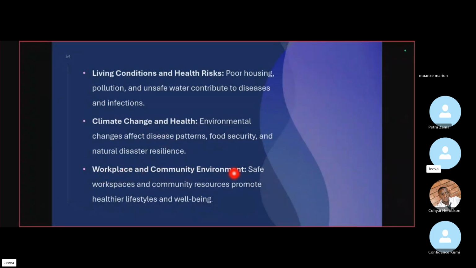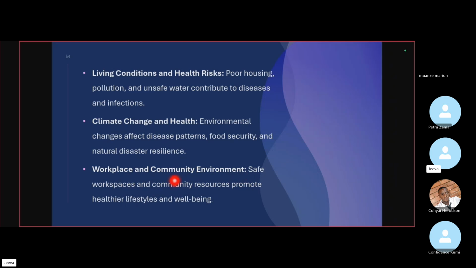Then the workplace and community environment. If the workplace is not safe, it affects health, while community resources can promote a healthier lifestyle. Those who work in factories are more exposed to dangerous gases, so there is more chance of them becoming patients.